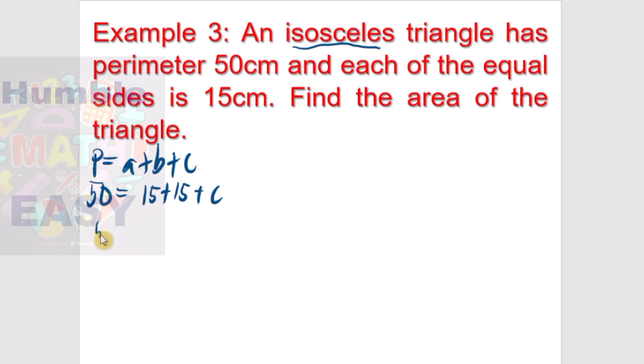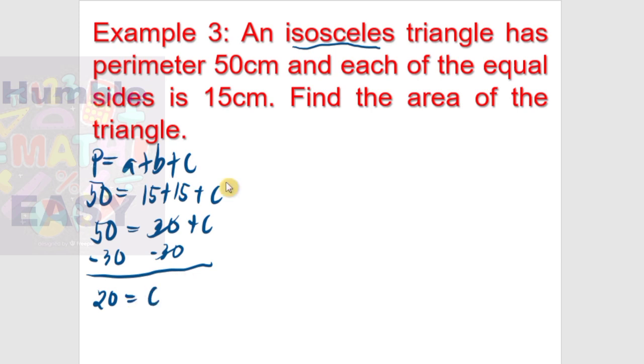And so we have 50 equals 30 plus C. Subtract 30 from both sides to make it 0. So 20 is equal to C. The semi-perimeter is 50 divided by 2, which is 25.